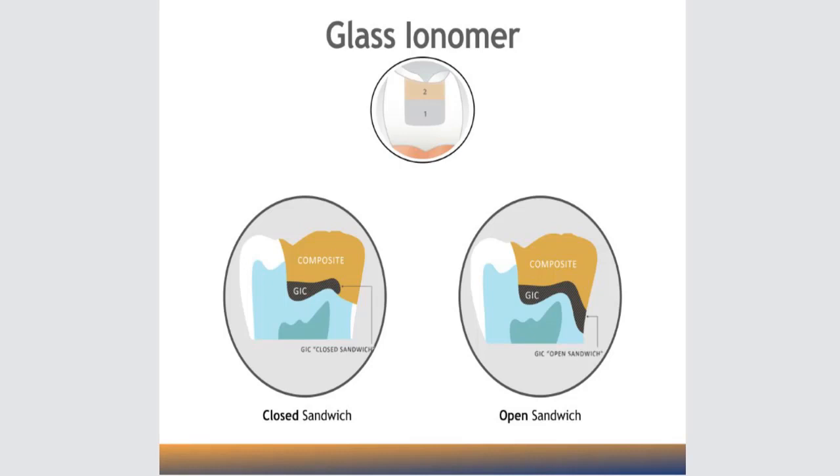Glass ionomer releases fluoride and does its thing. The other way to use a glass ionomer in a bulk fill technique is an open sandwich technique, and this is where we expose the glass ionomer to the oral environment, and we lay the composite right on top.